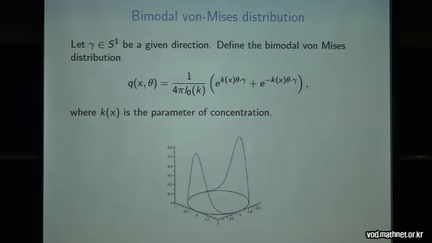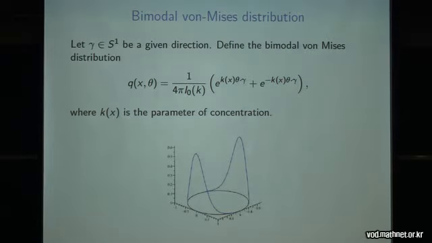Here I show you the bimodal von Mises distribution. It is a distribution on the unit circle, so over directions. In this case, you have a dominant direction in this way and a dominant direction in the other way, where there's a maximum. It's kind of a normal distribution, or actually two normal distributions, wrapped around the circle. So the von Mises distribution is a circular normal distribution.